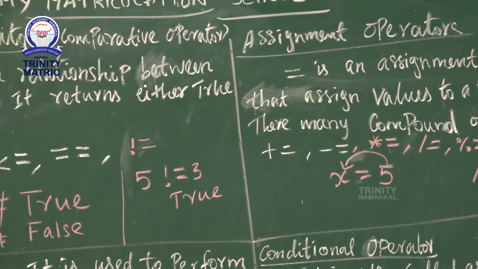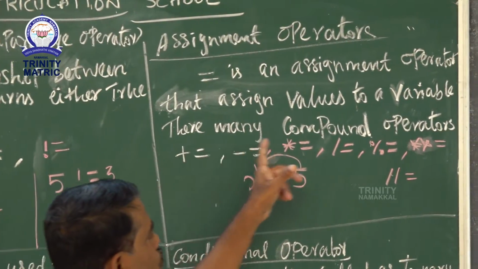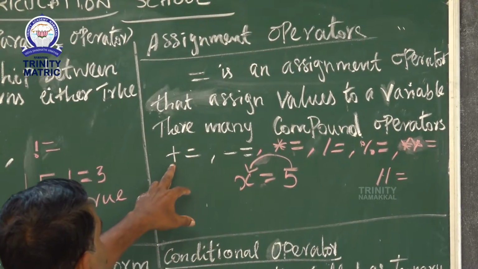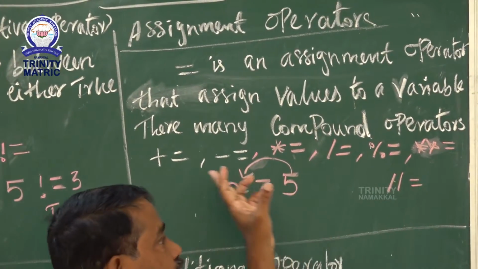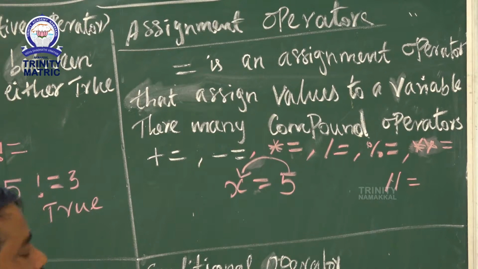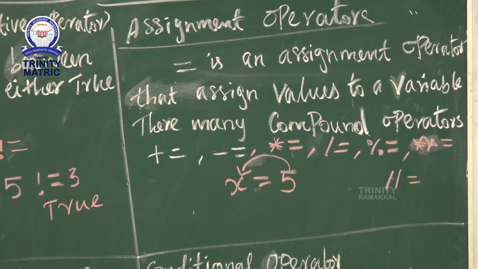All the arithmetic operators are used here in addition to the equal sign. So these operators are known as shorthand assignment operators.